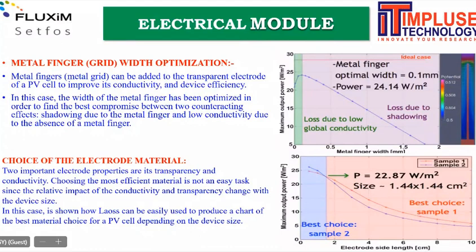You can choose different materials, whatever material you want to use for the metallic or even for the semiconducting layers. There are two major important parameters for choosing the type of electrode: its transparency and conductivity. So we can easily select whatever parameter, whatever material, and LAOSS can also be used to produce a chart of the best materials for photovoltaics depending on device size.